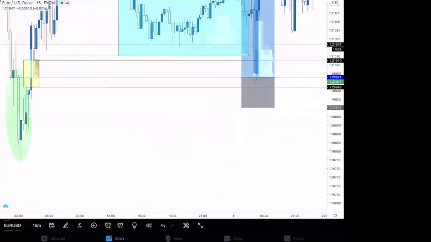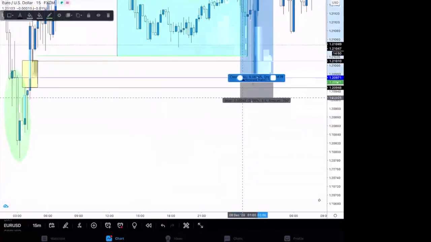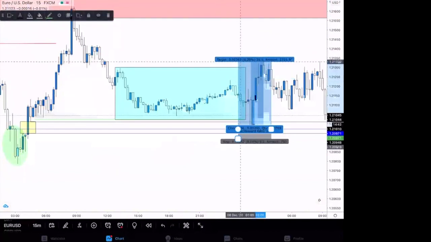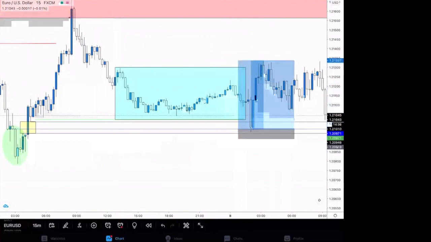You would have had your stop below the low there, which is 5 pips, which is $5, $500, whatever the case may be for your lot size, because that's a 7-to-1 trade. So that means you're getting 7 times more than what you're risking, which is a good deal in my eyes.